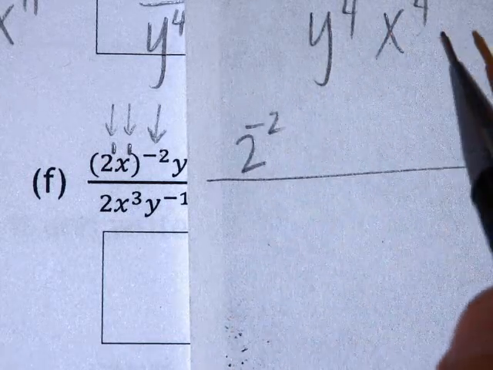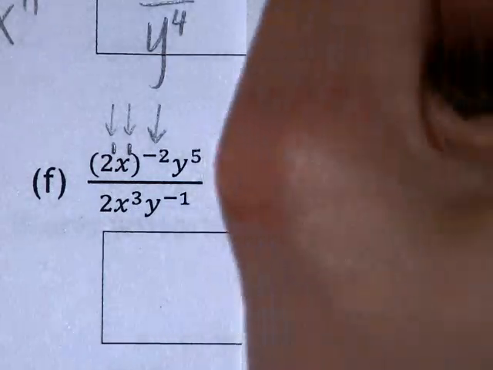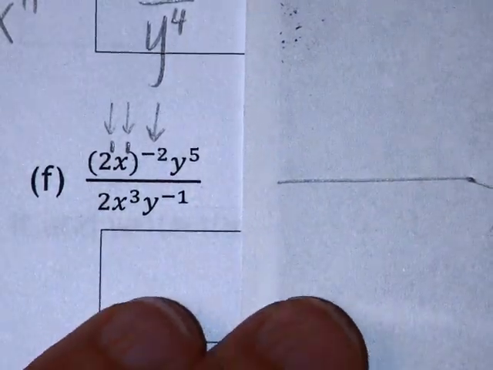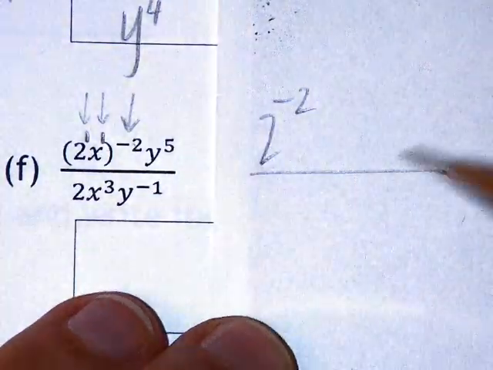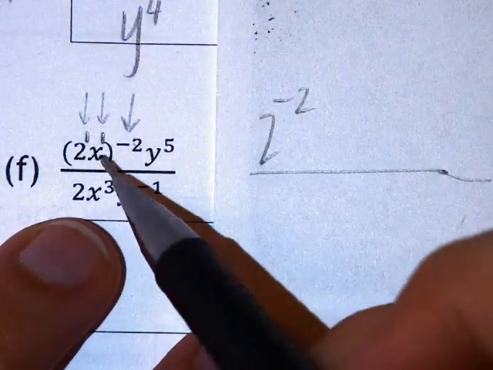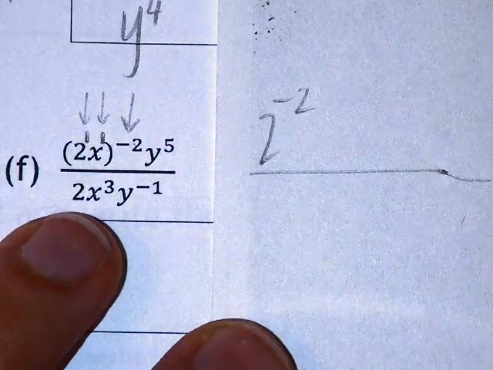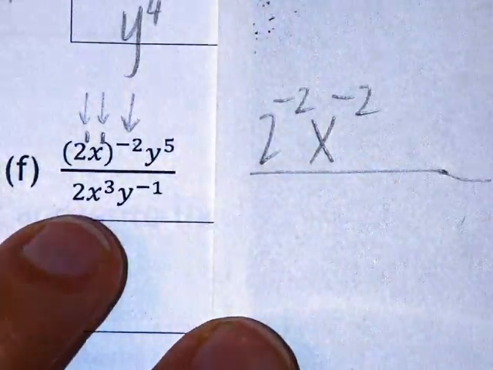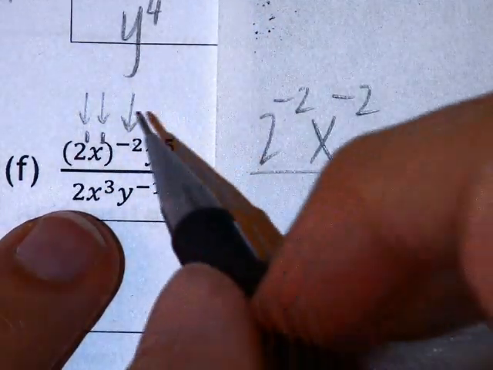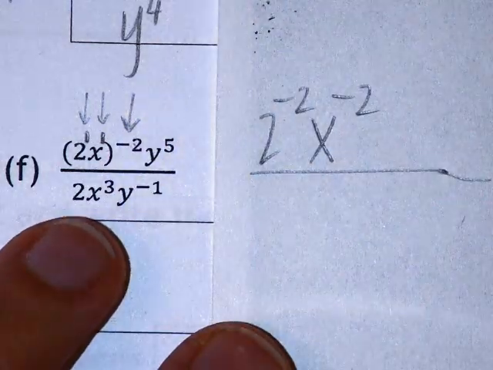Actually, let me give myself a little more space here so that the previous question's not in the way. 2 to the power of negative 2. Then I'll do the same thing with the x. X is to the power of 1 times negative 2, so that's x to the power of negative 2. That clears my parentheses because I've used the multiplication rule, so the parentheses are gone.